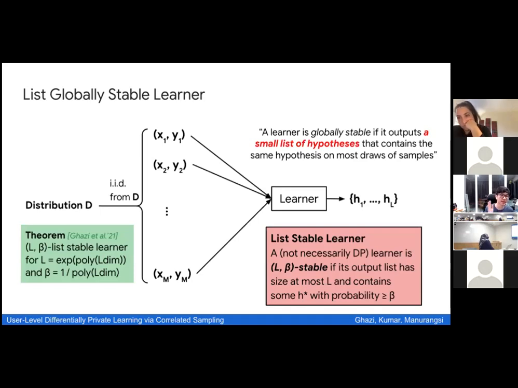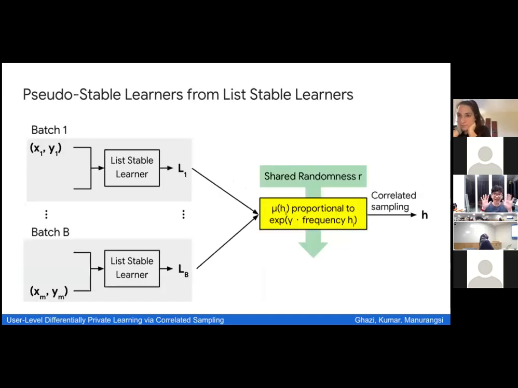Once you have this list stable learner, you can plug it in exactly the same as before, except that now instead of having one hypothesis from each batch, you have a bunch of lists from the batches, but you can define mu in exactly the same way as before and so on.